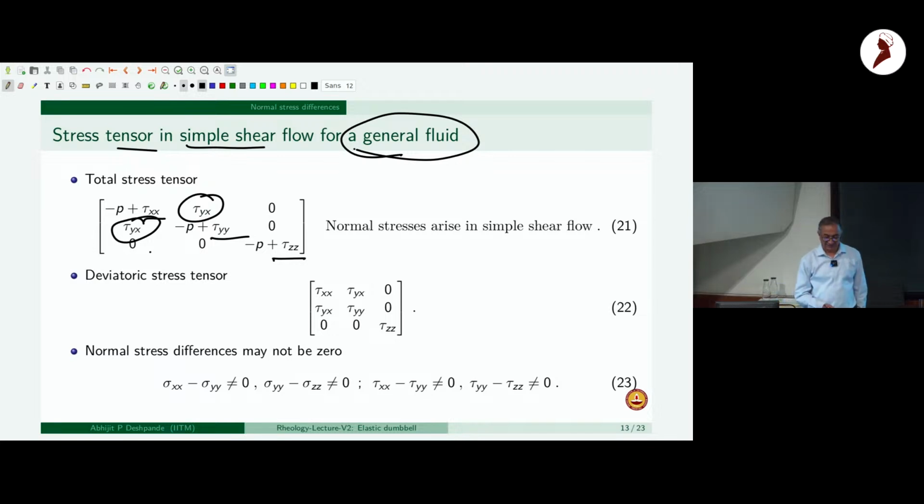And since we are dealing with incompressible fluids, we cannot really determine P in any case, because for all different pressures, the behavior is going to be identical. So what we do is we actually define the normal stress differences. Within this concept of achieving a simple shear flow, applying a constant strain rate and then measuring the normal stresses gives us two independent normal stress differences.